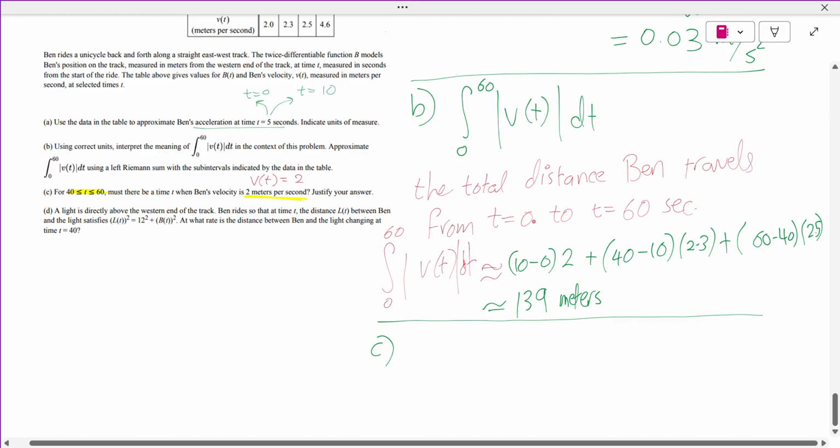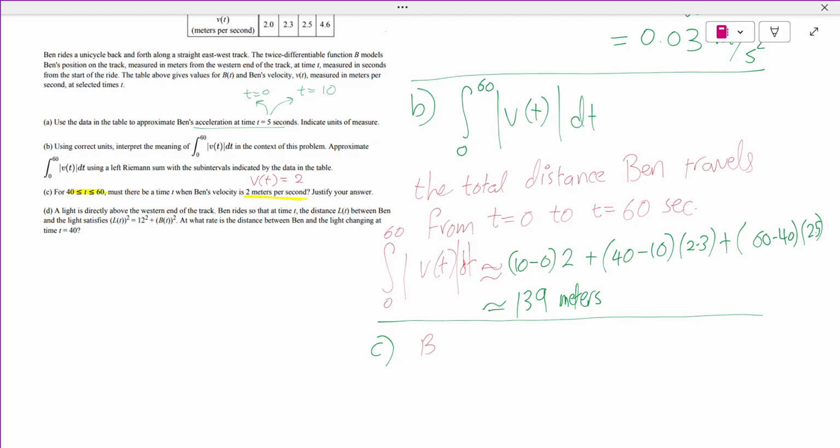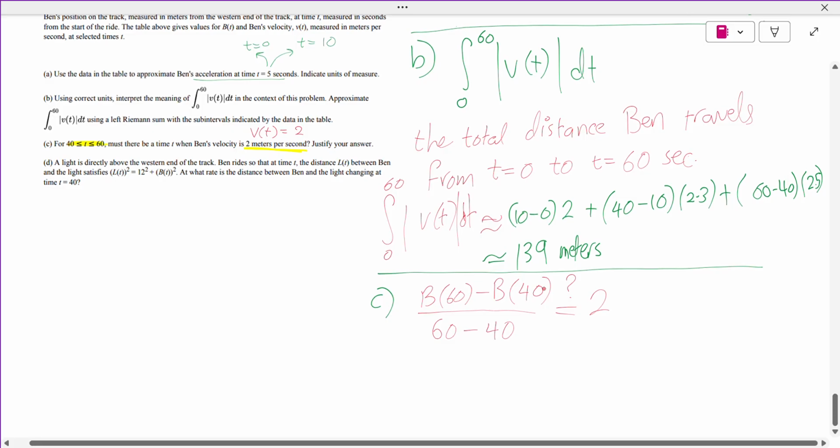Let's find the average rate of change between 60 and 40. So B of 60 minus B of 40 divided by 60 minus 40. Is this equivalent to 2? Is the average rate of change equal to the instantaneous rate of change? If you do that, you will get 2, which is equal to 2.